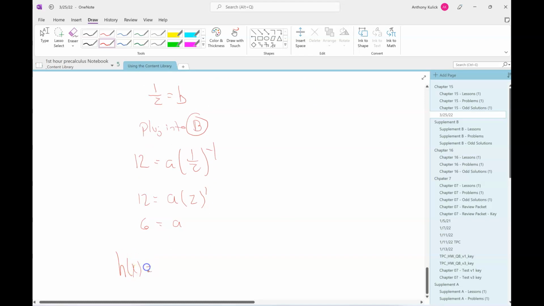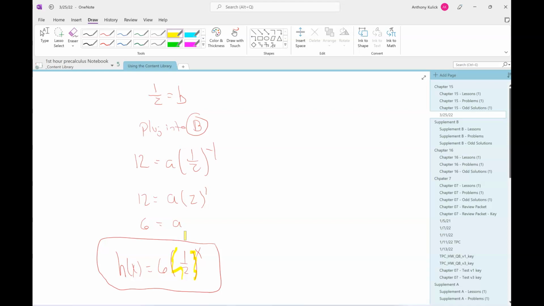So if I put this together, I have 6 times (1/2) to the x. And here it's pretty important that I put a parenthesis around the base of the exponential since it's a fraction.